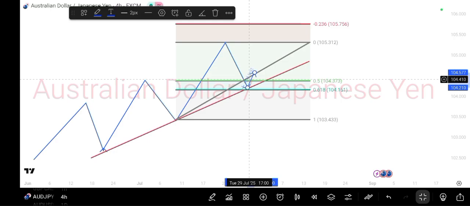So that bearish and bullish engulfing candle is very important before you take any trade. So once you see a strong bearish engulfing candle that blew out of this zone here, that is where you need to take action and place your trade.